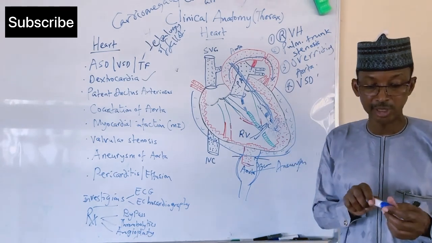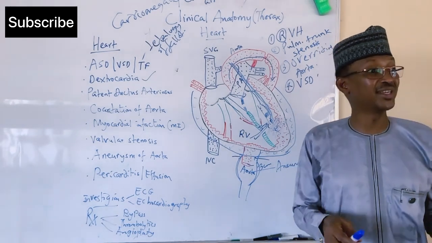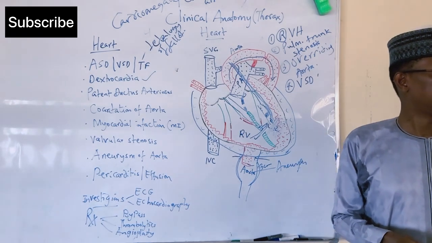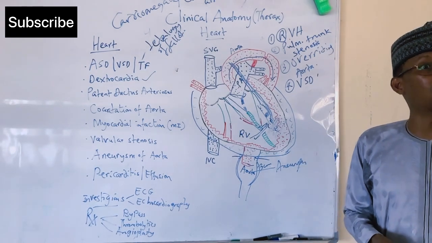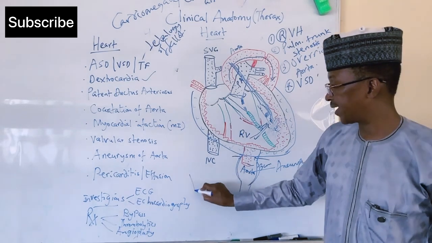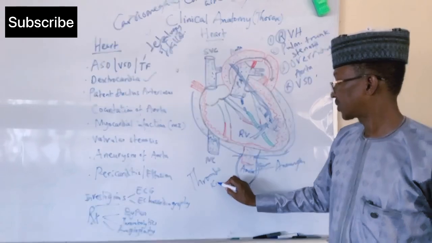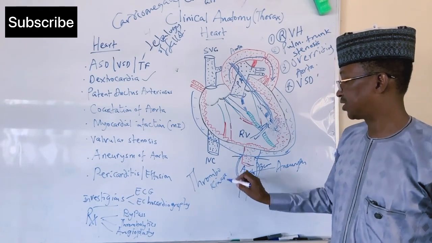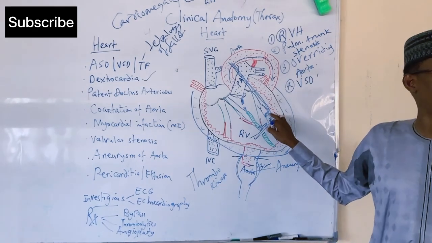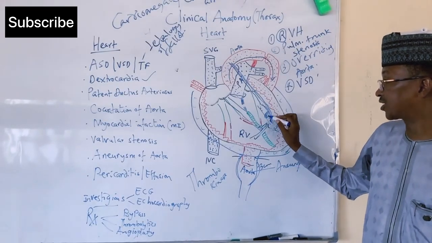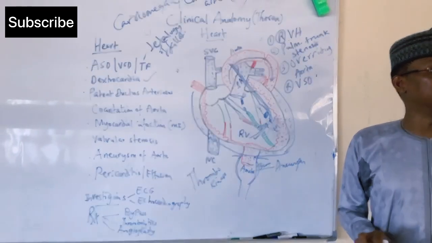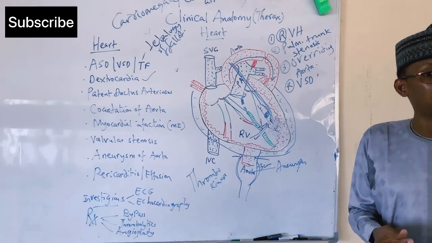Or at times, you may use what we call thrombolytic chemicals or enzymes. That's what we call thrombokinase. This thrombokinase is one of the enzymes that degrades this thrombus, because if the artery is blocked, it is as a result of the thrombus, what we call a blood clot.